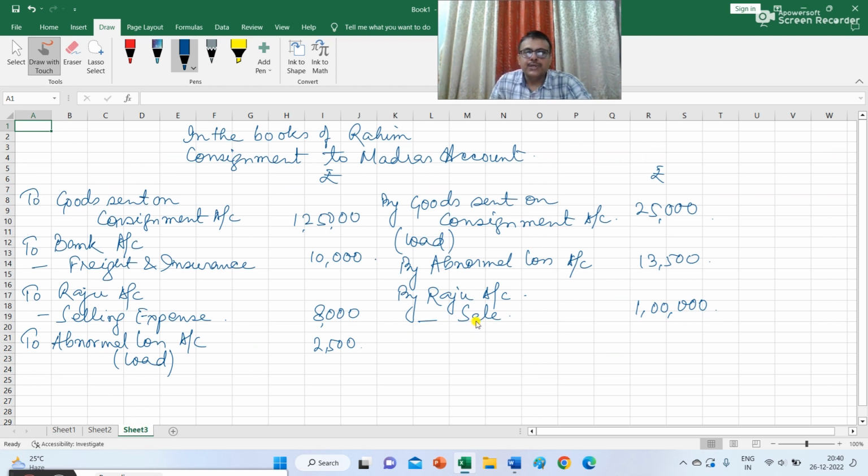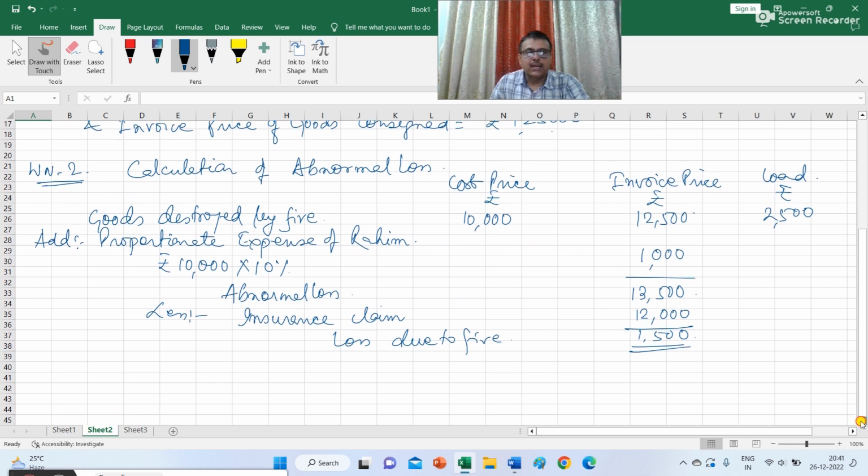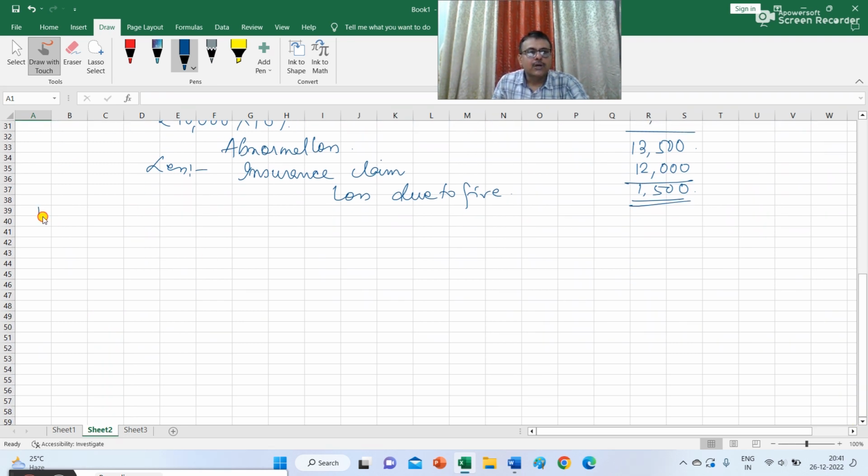Now Raju is entitled to a commission of 10% of the sale proceed at invoice price and 25% in excess of the invoice price. So in working note number 3, I am going to calculate the amount of commission.